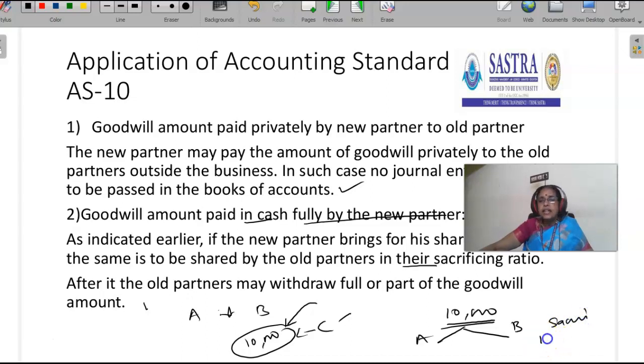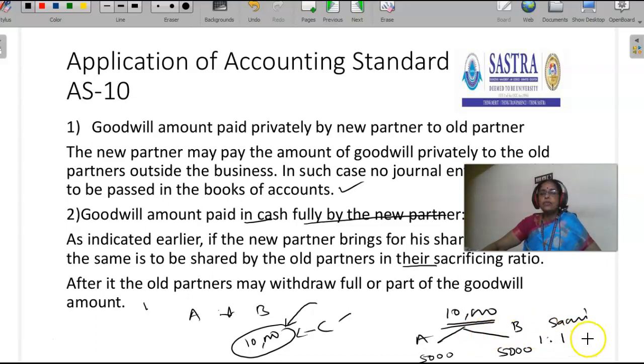If the sacrificing ratio is 1:1, A's capital account is credited 5,000 rupees, B's capital account is credited 5,000 rupees. The amount brought for goodwill is for compensating the sacrifice made by the partners, so it should be distributed among the old partners in proportion to their sacrifice.